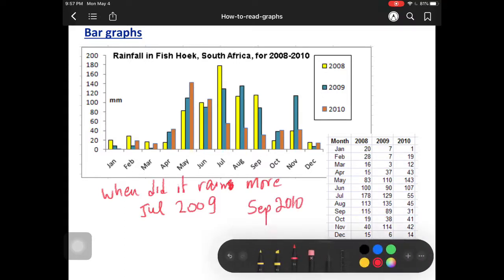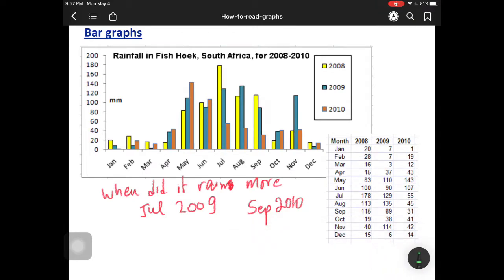So if we go to 2009, 2009 is this bar that is in blue, and this is July, so it's here. So this is how much it rained in July 2009.